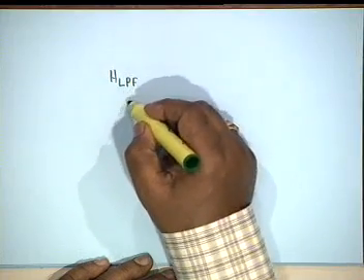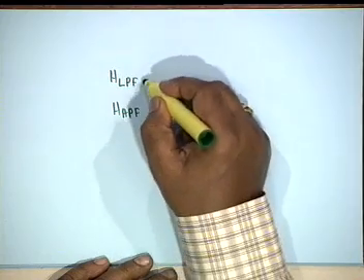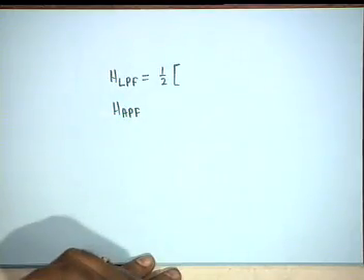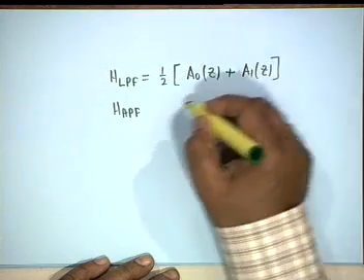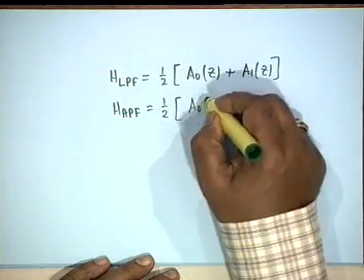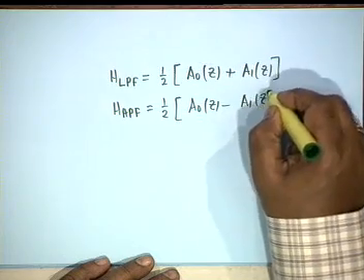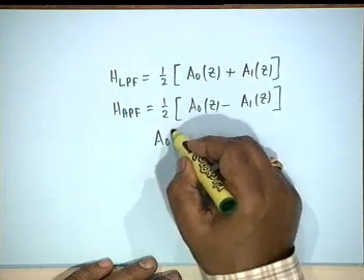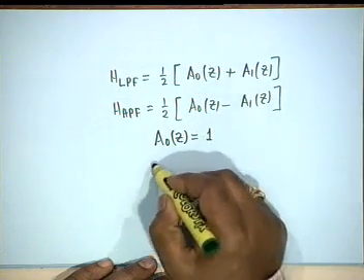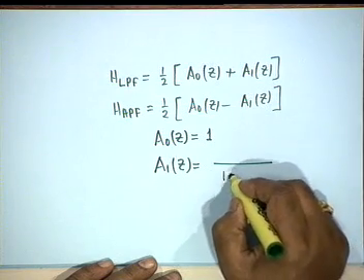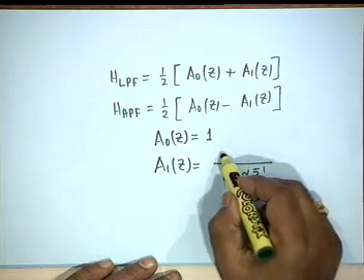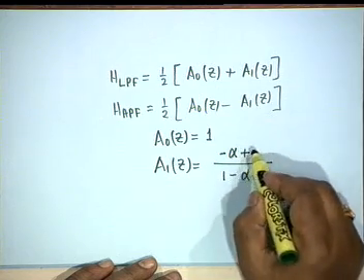And we also showed in our previous discussion that the low pass and high pass filters can be expressed as the sum and difference of two all pass filters, that is the low pass is half of A0(z) plus A1(z), and the high pass one is half of A0(z) minus A1(z), where A0(z) is equal to 1, a straight connection, and A1(z) is the first order all pass filter with the same denominator, 1 minus alpha z inverse, and numerator minus alpha plus z inverse.